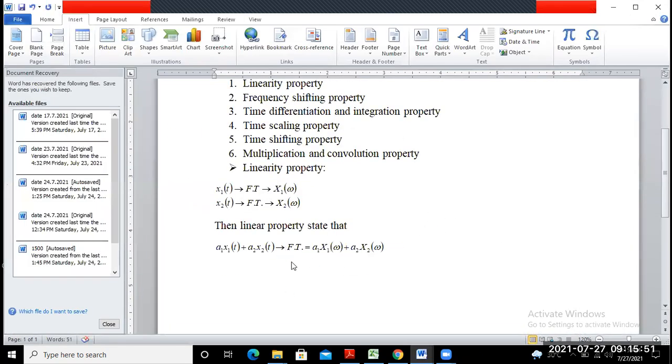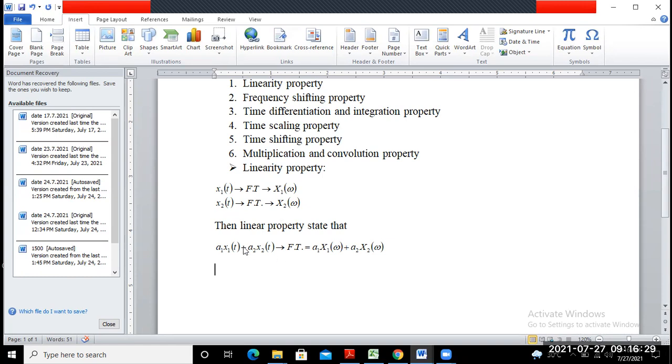So this is the Fourier transform of a1 x1(t) plus a2 x2(t), where a1 and a2 are constants. That means if the Fourier transform of x1(t) is represented by X1(omega) and the Fourier transform of another signal x2(t) is represented by X2(omega), then according to the linearity property, we can write the Fourier transform of a1 x1(t) plus a2 x2(t), where a1 and a2 are constants.